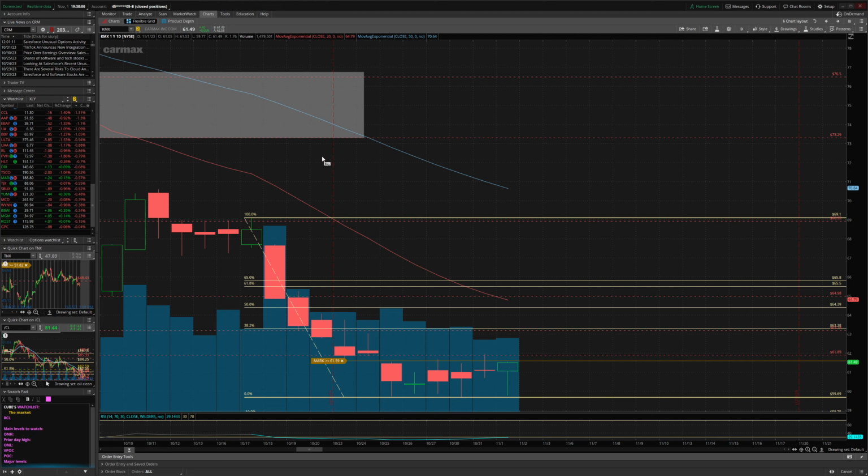This is a 15-cent spread. That's not good. But this one is a 10-cent spread. So we could play next week's for a 10-cent spread instead of having a 15-cent spread right here. We could play next week's, but the big gains are always on the weeklies, right?